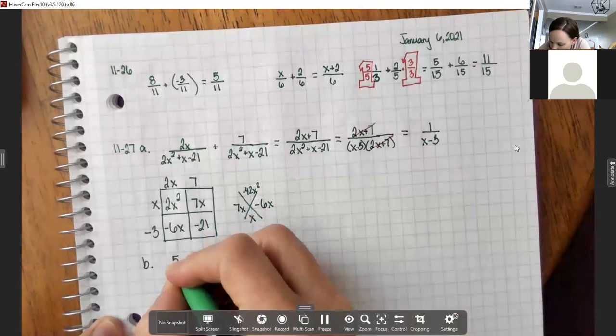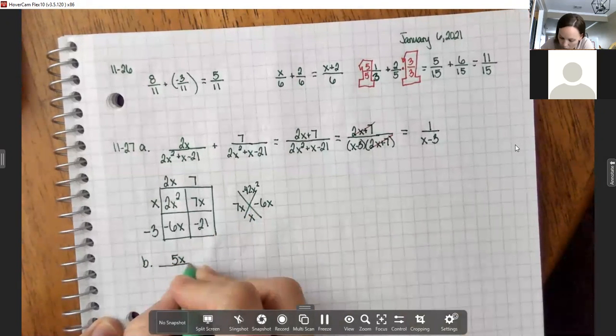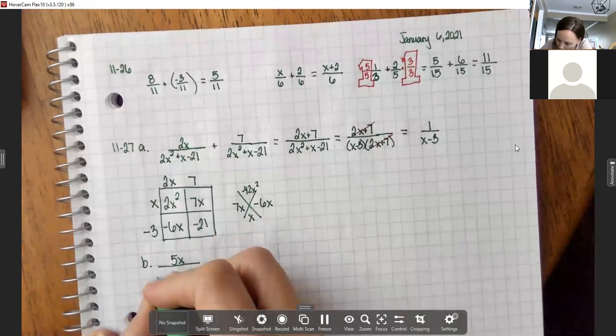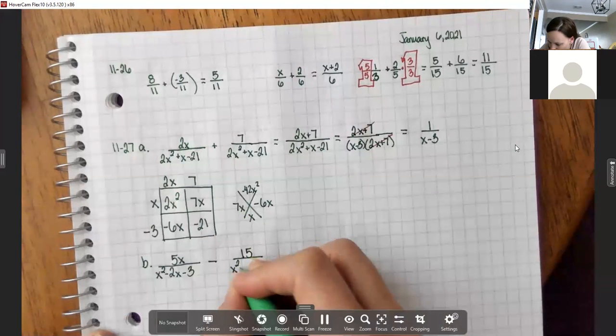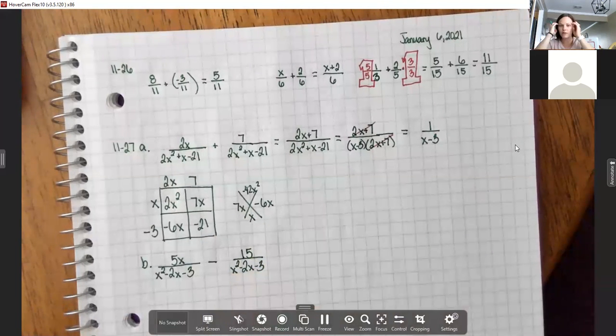B is 5x divided by x squared minus 2x minus 3 minus 15 divided by x squared minus 2x minus 3. So again, common denominator on this problem.